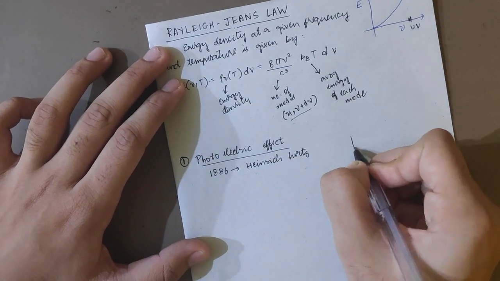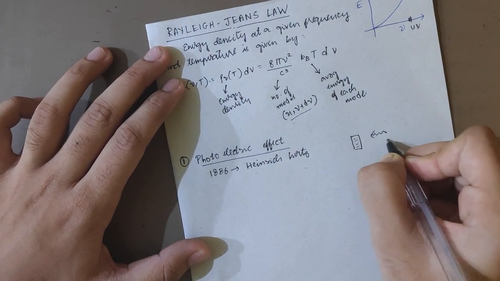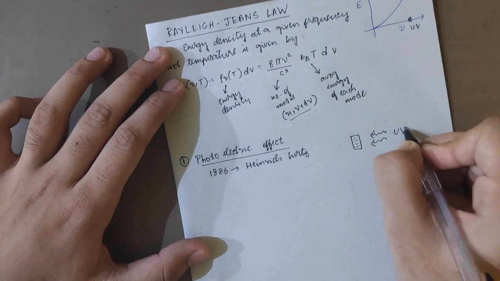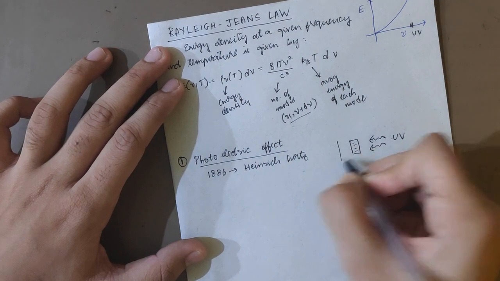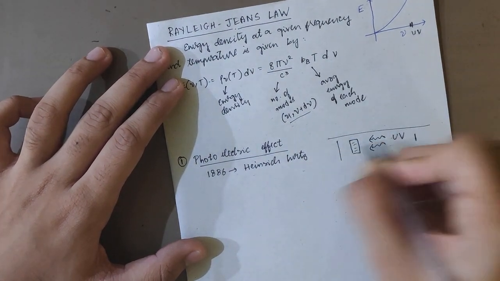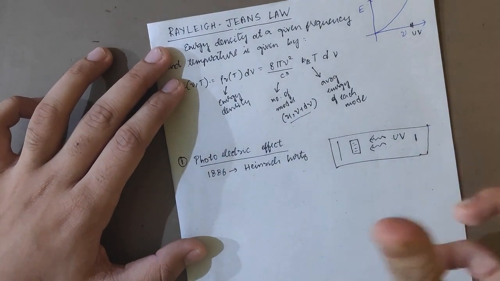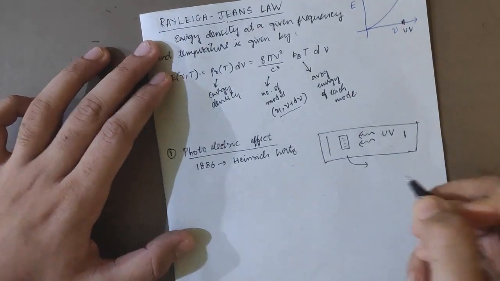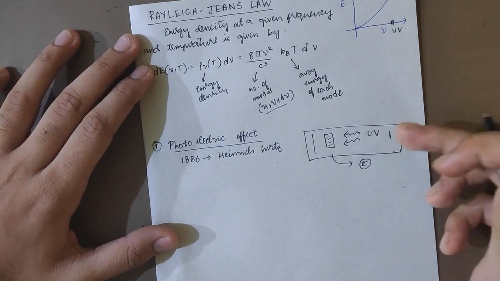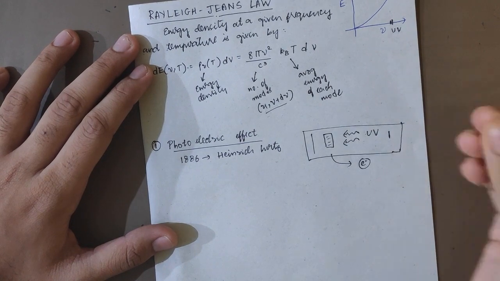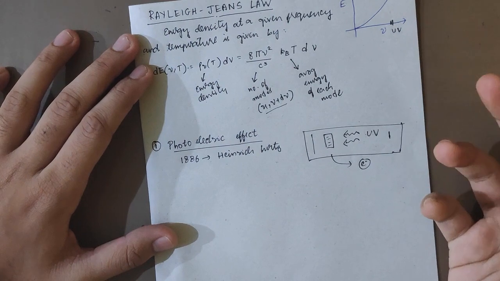He took a piece of metal and shined a collimated beam of ultraviolet rays onto it, and kept this in, say, a potentiometer or a voltmeter, and found that a potential was developed across the system. With this he could conclusively state that electrons were emitted from the surface of the metal as the ultraviolet rays struck it.